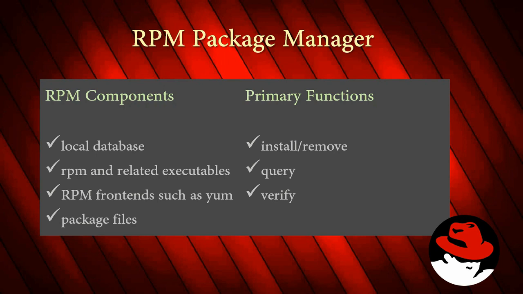The local RPM database is maintained in the directory /var/lib/rpm. The database stores information about the installed packages, such as file attributes and package prerequisites, and as an administrator, you rarely modify the database directly. You can instead use the RPM command, which can be used to directly modify the database.